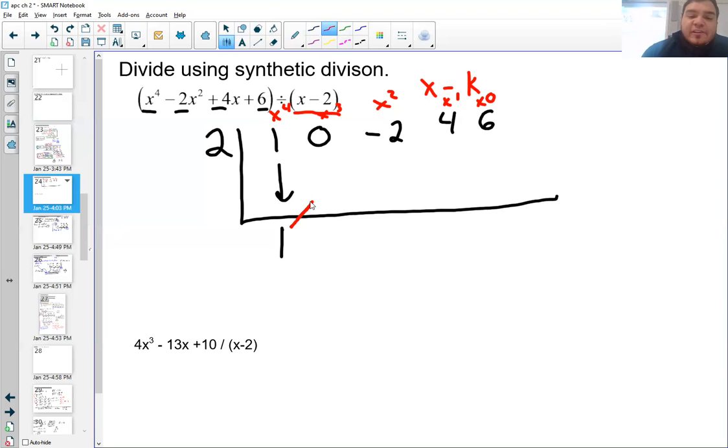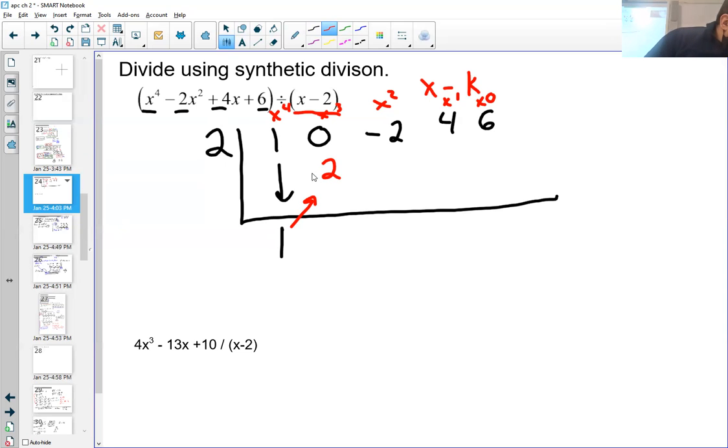Then your next coefficient is going to be your k value times the value brought down. So 2 times 1 is 2. Now, what you're going to do after that is, let me just make sure, is it subtract or divide? No, you just add, I think. You flip the sign so you don't have to subtract.